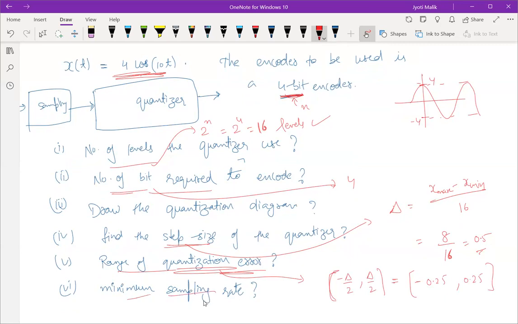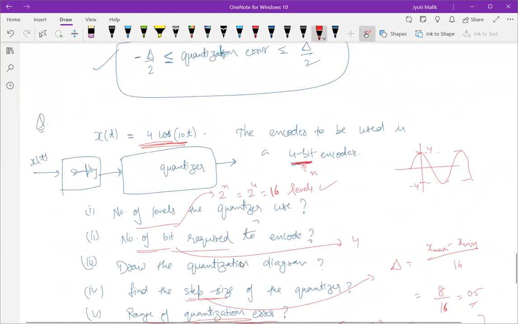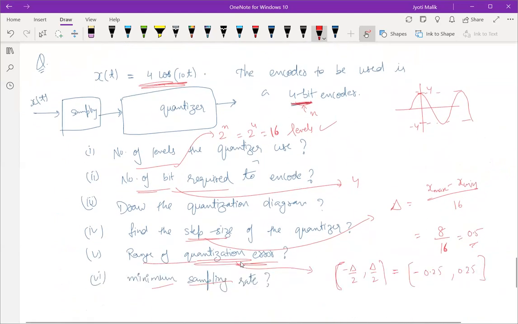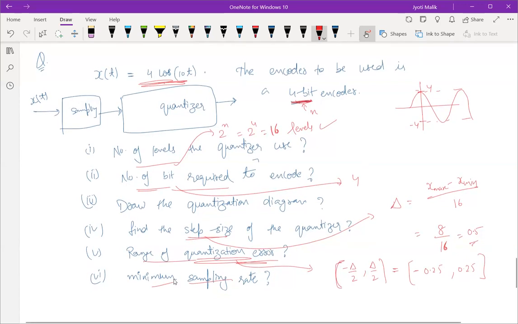Then the minimum sampling rate. How did we find the minimum sampling rate? Minimum sampling rate is Fs, which is 1 over Ts, and Fs is 2 times Fm. And how much is Fm?